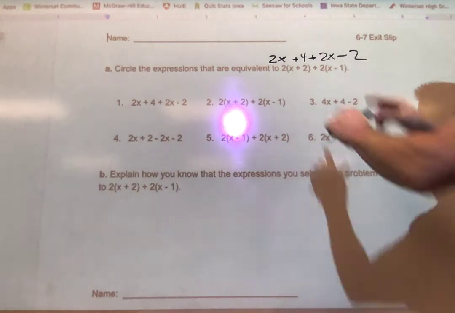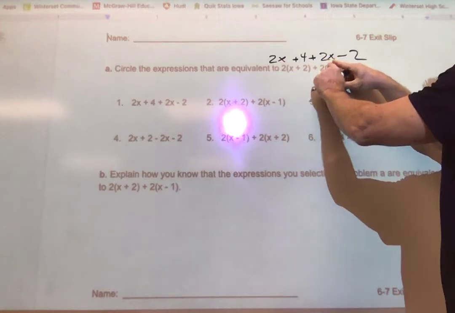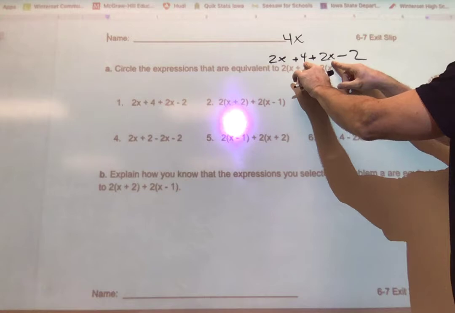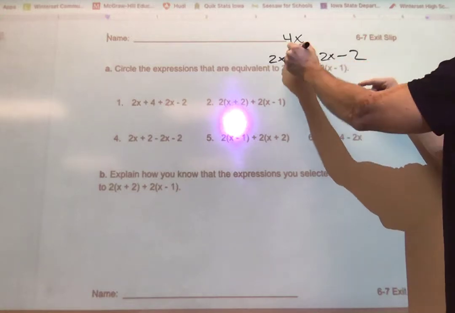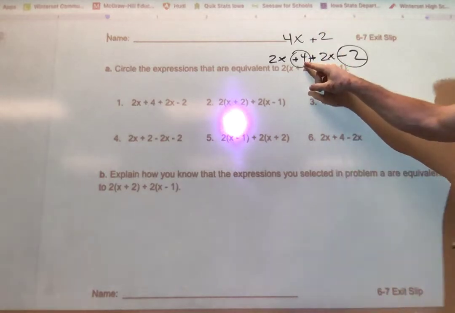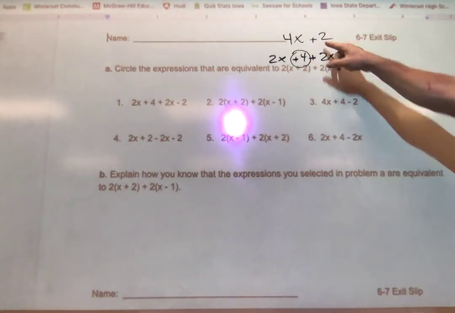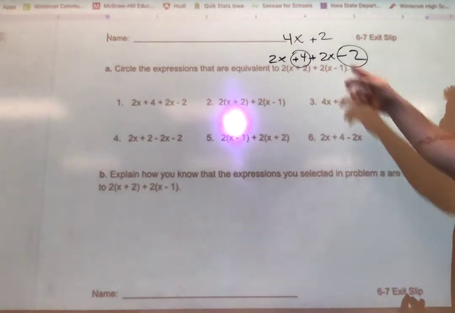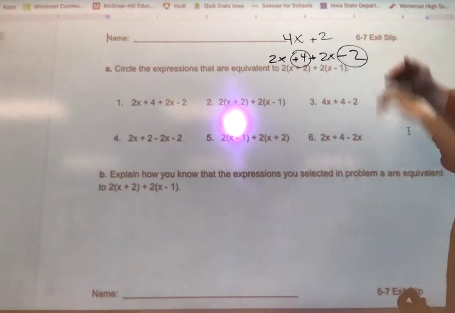And then we also combined like terms, remember, and we took the 2x plus the 2x to give us 4x's. And then we had plus 4 minus 2, and we got this positive 4 minus 2, which means we still have plus 2. Okay, this 4 minus 2 is a positive 2, so we have to add 2 onto there. So there's some different forms. The simplest form we found, and then this is after I distributed.